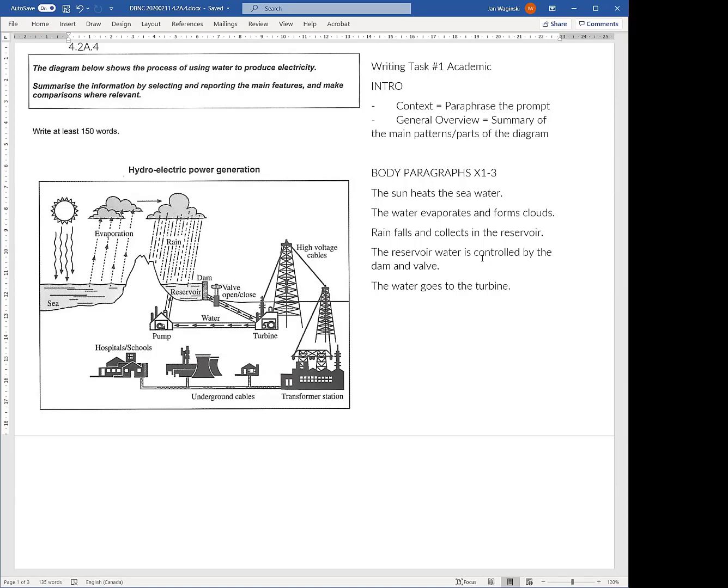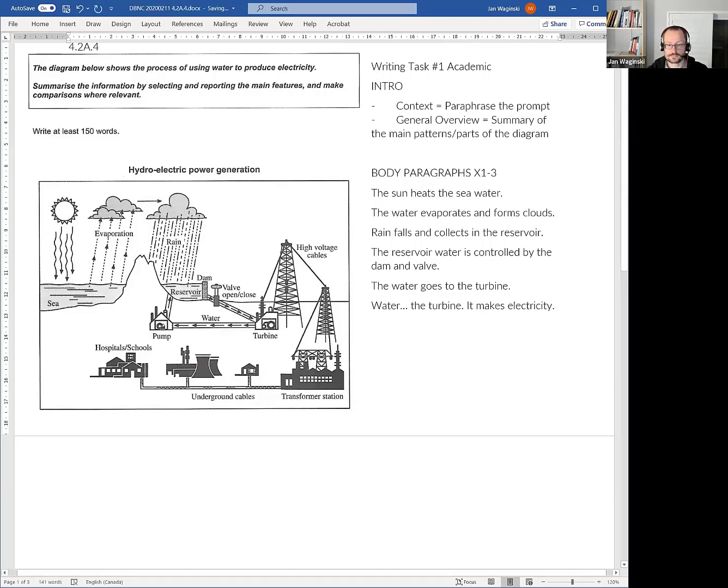The turbine circle, water circle, the turbine and make electricity, which follow to the high-voltage cables. Okay, so we'll just stop there for now. And if you don't know, just put three dots or an underscore and just keep moving. We'll just keep going until we get all the steps and we'll fix it afterwards.